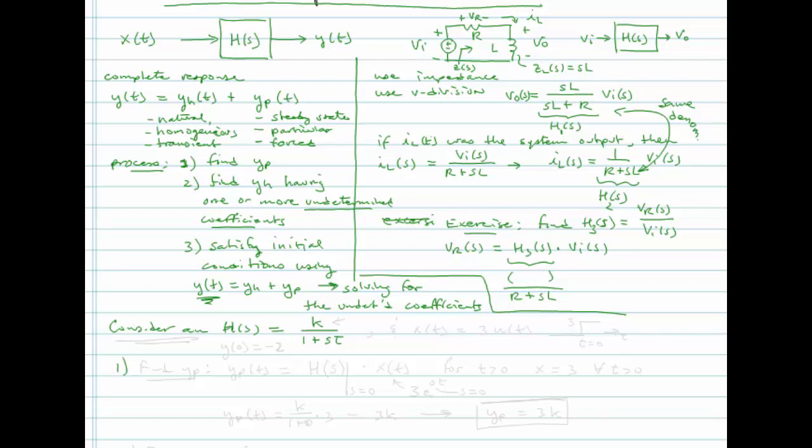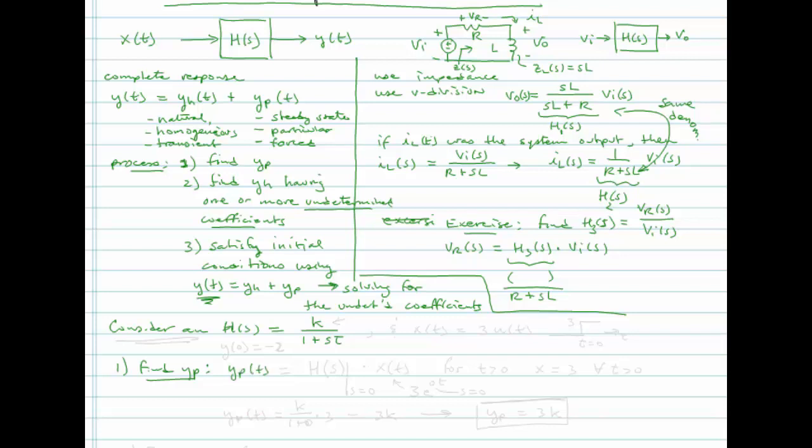And so first we're going to find the steady state or particular response. Find y of p. Now we can find the particular solution several ways. We could find it directly from the differential equation of the system, but here in this case the description of the system that we've been given is this transfer function. So we can find it using the transfer function, and that's what I'm going to do here.